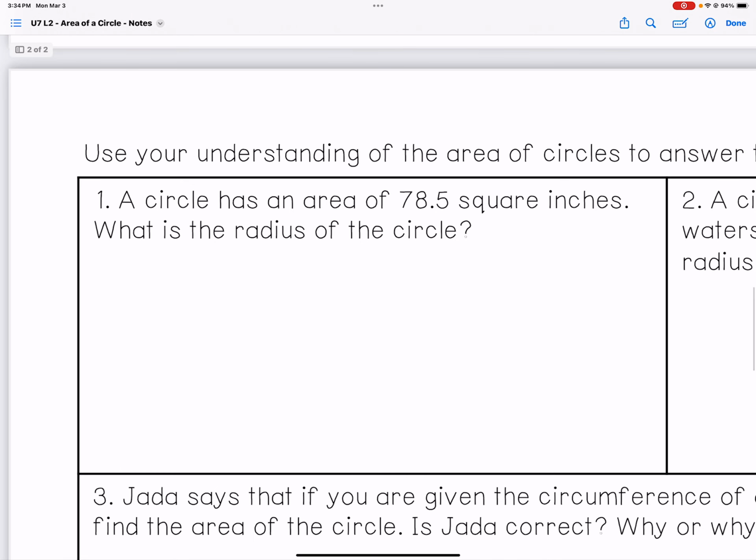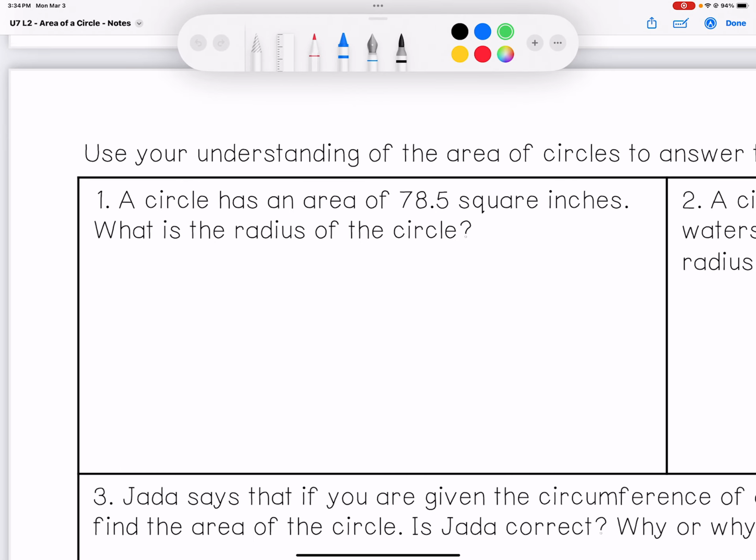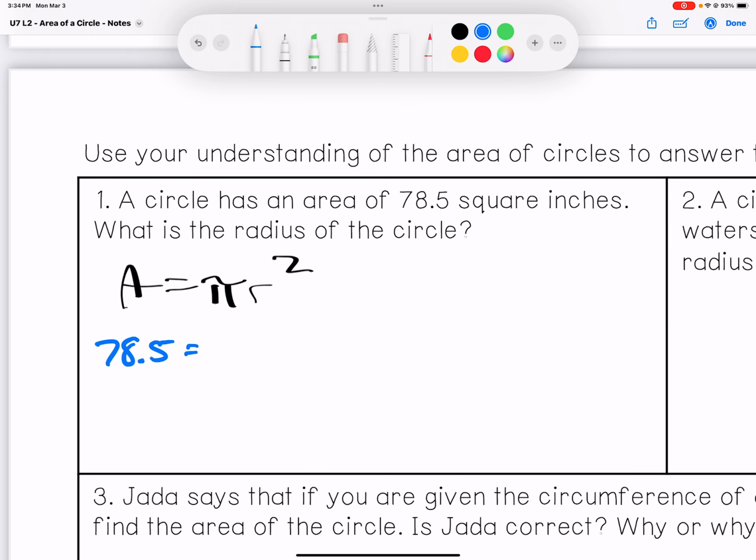All right. A circle has an area, so now they've given us the area of the circle. So it's still the same formula, guys. It's still area equals pi times r squared. But now, instead of r, they've given us a different number. They've given us the area, so it's 78.5 equals pi, which is 3.14 by the way, times r squared.